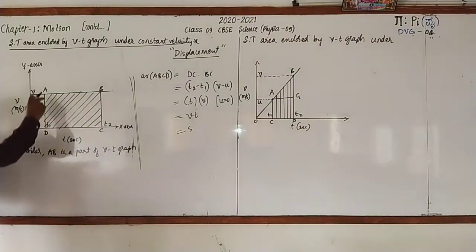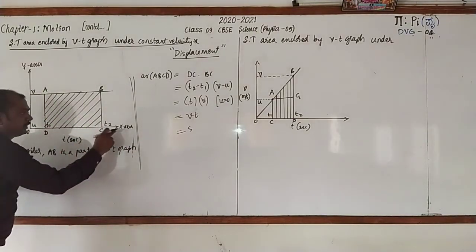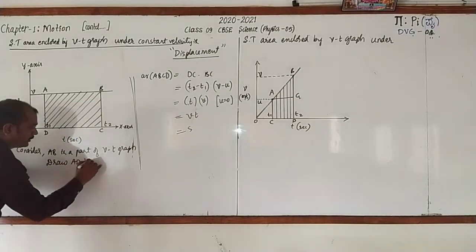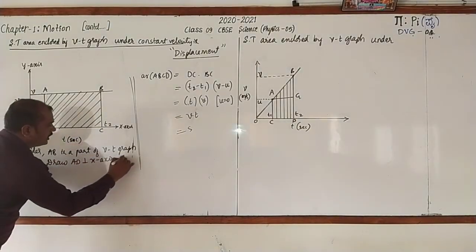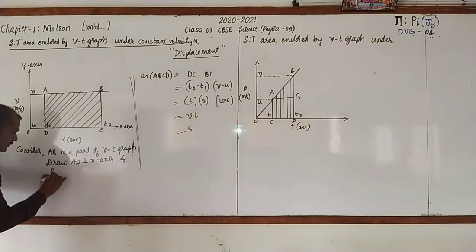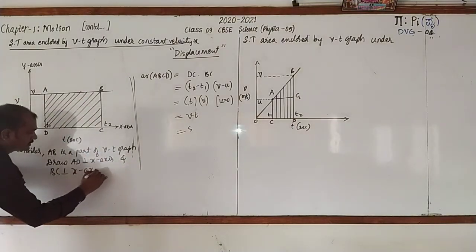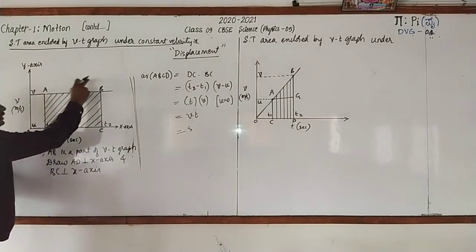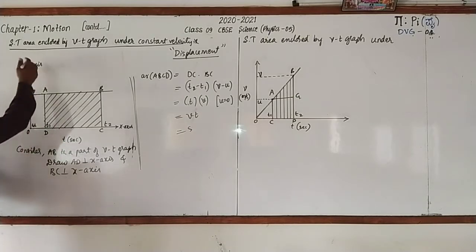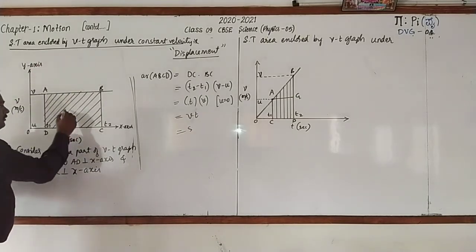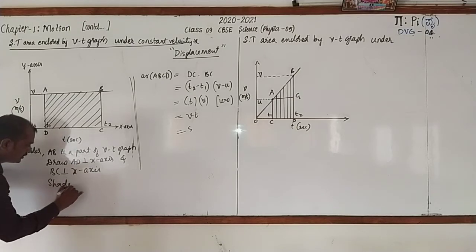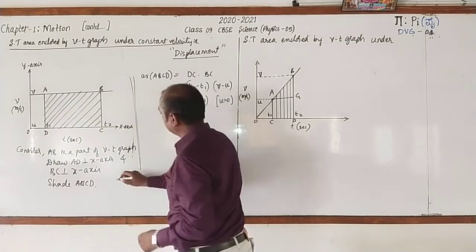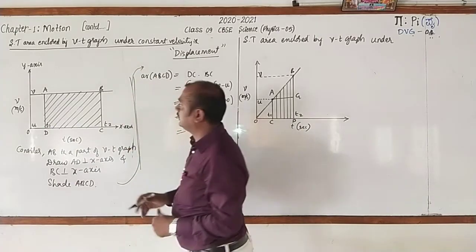Then after that, draw AD perpendicular to x-axis and BC perpendicular to again x-axis. Here, then shade the part ABCD because they have given area enclosed by Vt graph. So shade ABCD.